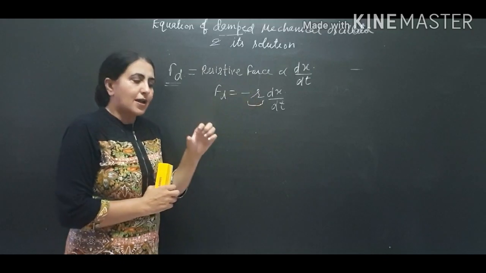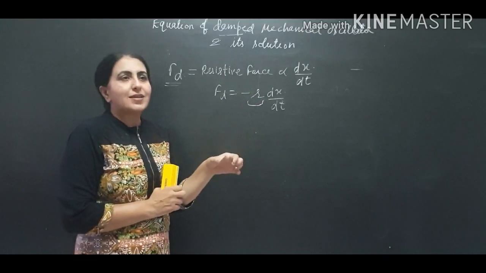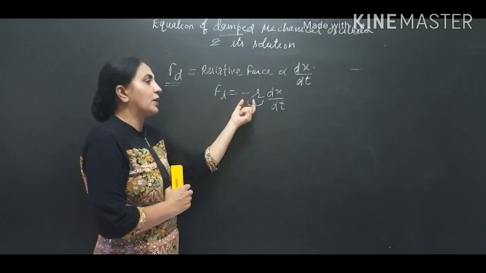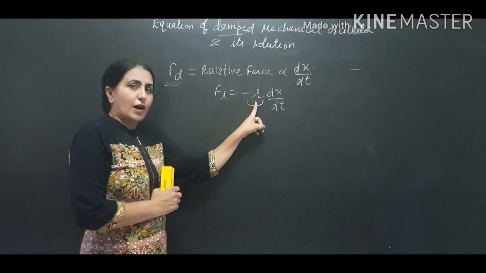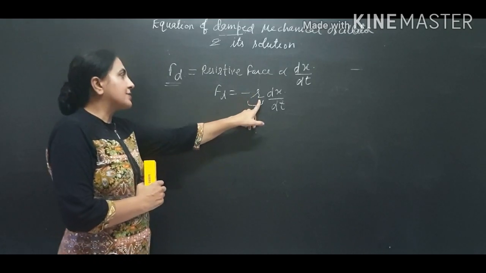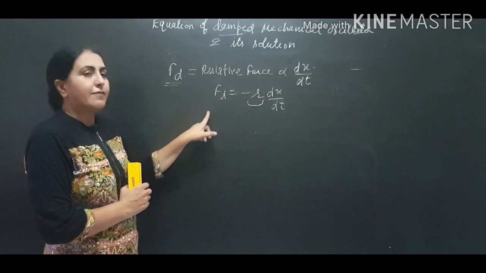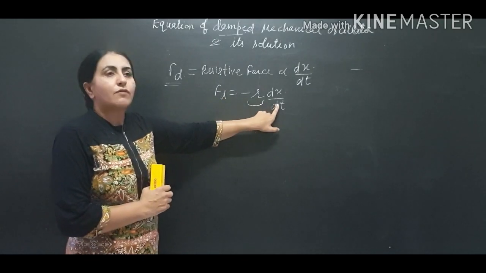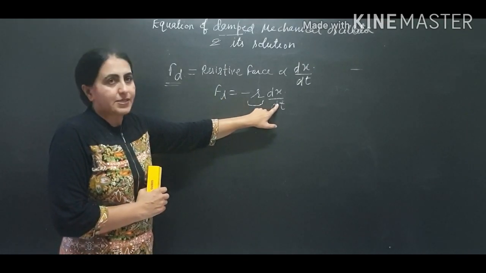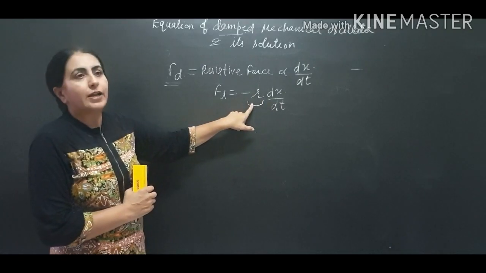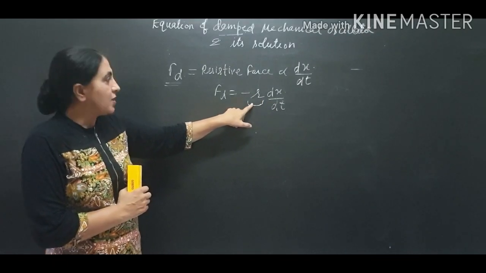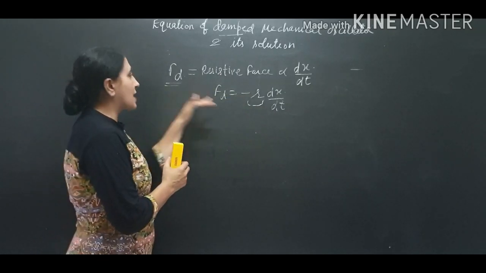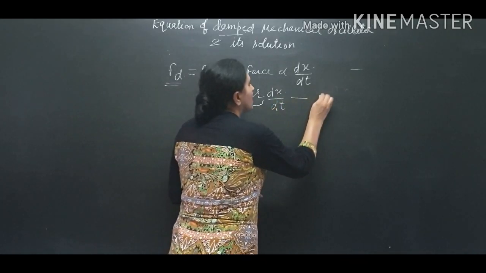What is R? R is the damping constant. If you want to find the units of R, you can find them: R is equal to force by velocity, and the unit of force is Newton, and the unit of velocity is meter per second. So you can find the units of R. Clear? The minus sign shows opposition. So this is the damping force. Take it as equation number first.